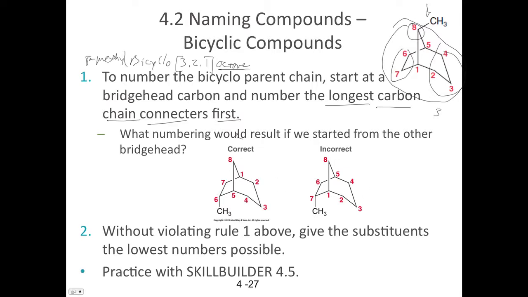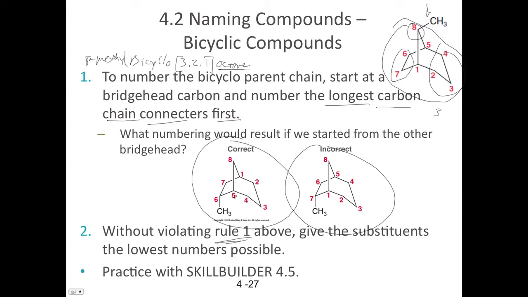So why did we use this one here versus this one here? It's the same exact rule that we knew from before. We want to make sure that we don't give the substituent the highest possible locant number, if you have a choice. You didn't have a choice here, because carbon 8 is carbon 8, period.